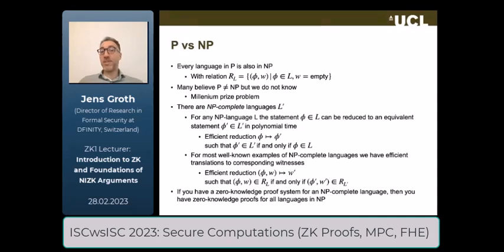Now, it's believed that P is not equal to NP. It's probably the biggest problem in theoretical computer science, and we don't know. What we do know is a very interesting fact about NP, which is that there are NP complete languages. What that means is that if you have any NP language and a statement phi, an instance in the language, then that can be reduced to an equivalent statement that there's a phi prime in this NP complete language.